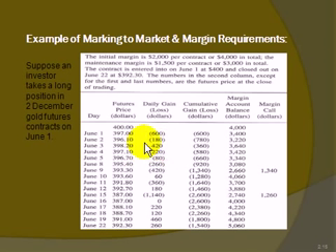0.9 times 200 ounces is going to be $180. So you're losing 180. This is cumulative loss. The previous day you lost 600, and today you lose an additional 180. So cumulative loss is going to be 780.